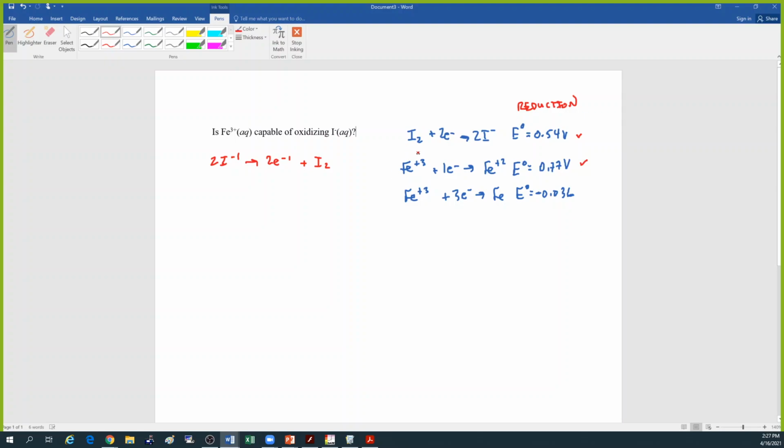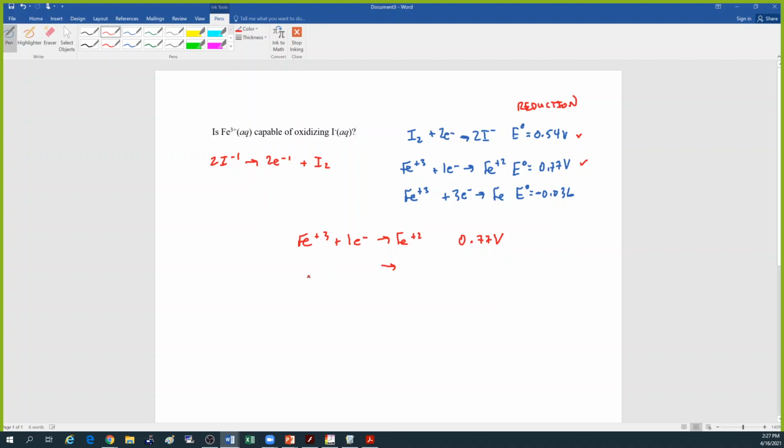So if we were to set this up kind of in a cell, what I imagine would happen is that this is the one that would get reduced because it's got the higher reduction potential. This one would get oxidized. Now I'm going to write it the other way around.